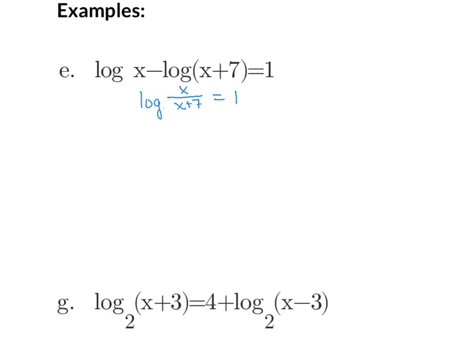Again, since there is no base written in here, it is base 10. So we get 10 to the 1 equals x over x plus 7. We want to evaluate our exponent. 10 to the 1 is just 10.